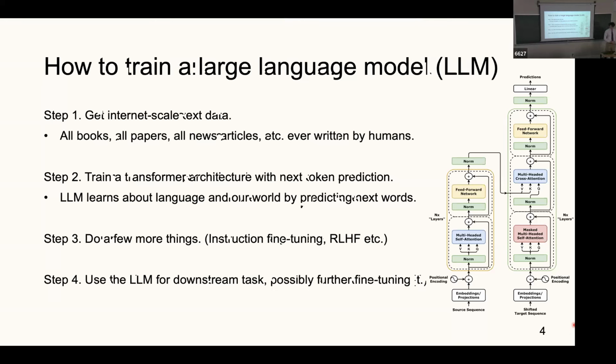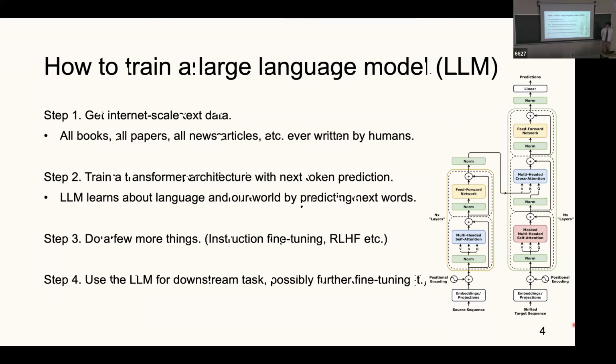So this step 2 is the massive scale training in terms of computational costs. Think of step 2 as costing tens and even hundreds of millions of dollars. And then step 3, there are a few additional things which I won't talk about. These are generally referred to as instruction fine-tuning, reinforcement learning with human feedback, alignment, but that's not the subject of today's talk, so I'll skip over that.